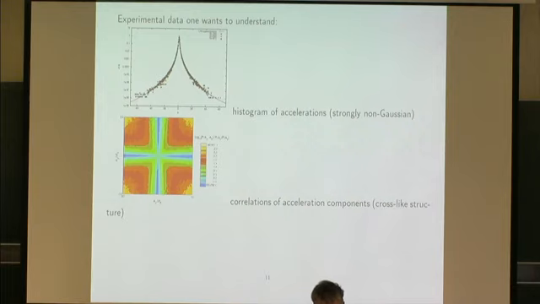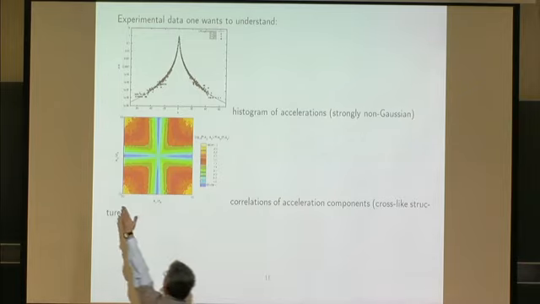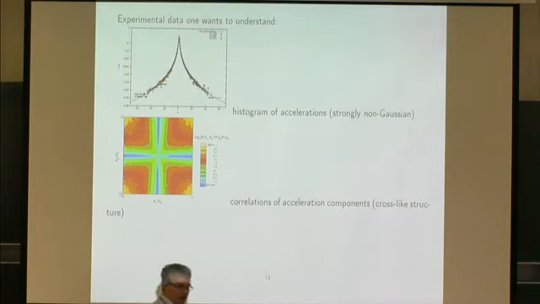The histogram that has been measured is highly non-Gaussian, very strongly non-Gaussian, and there are also some strange correlation patterns, which is this color diagram there. You have AX, the acceleration of this test particle in X direction, and AY, the acceleration in Y direction. These two components are correlated, and the correlation function has this strange pattern.